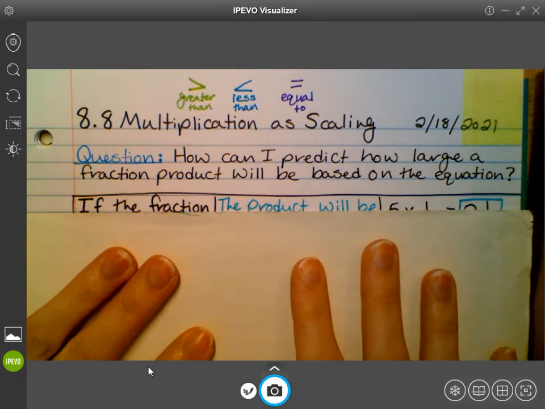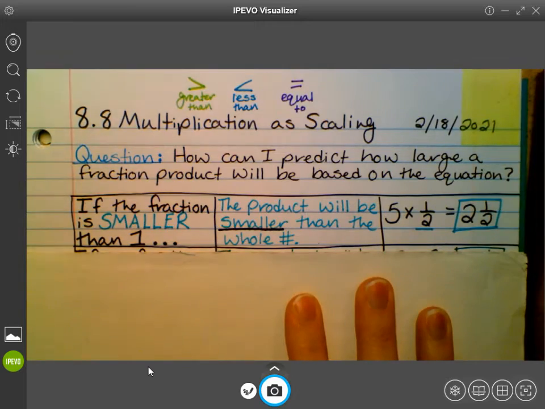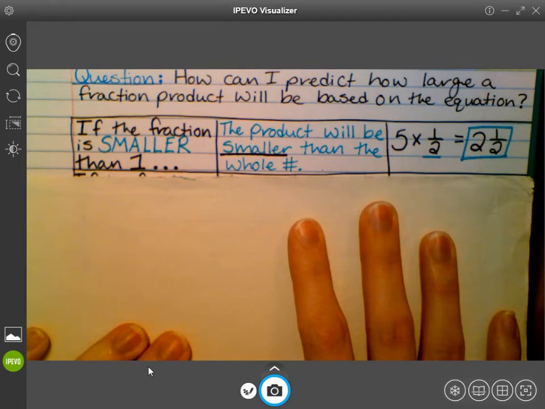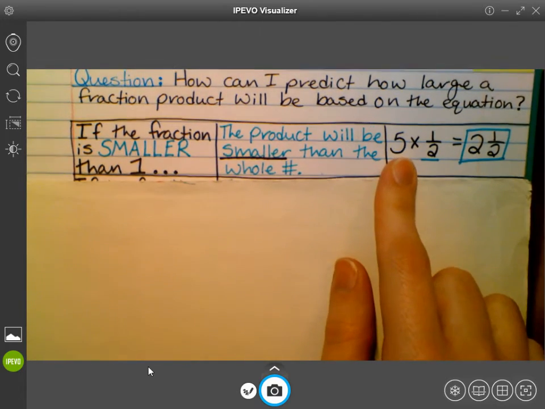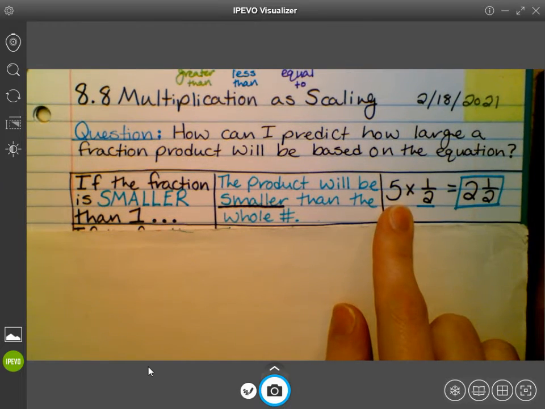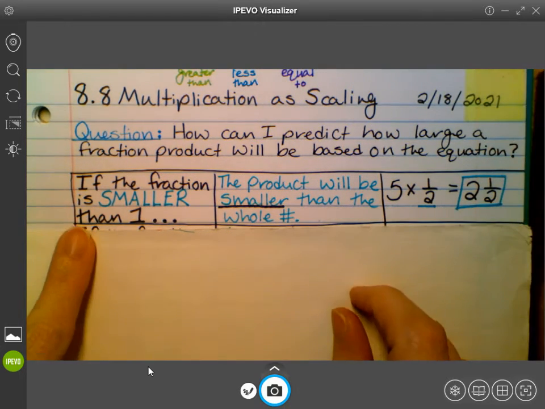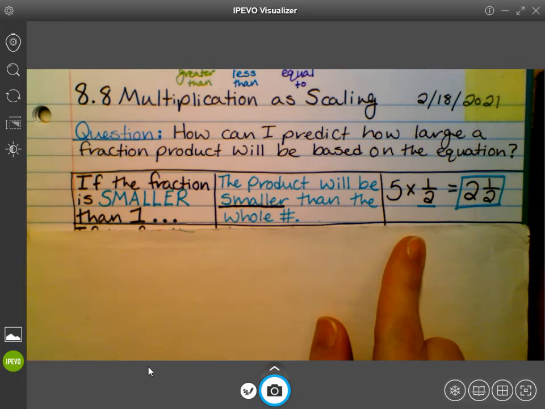For the first row, if the fraction is smaller than 1. So for this table, the common number in every equation is going to be number 5. And so if we are multiplying 5 by a fraction that is smaller than 1, the product will be smaller than the whole number. So go ahead, get this written down, and then I'm going to show you what I mean.